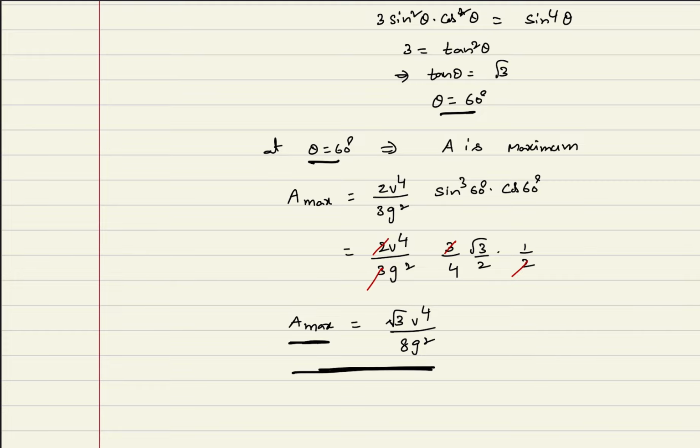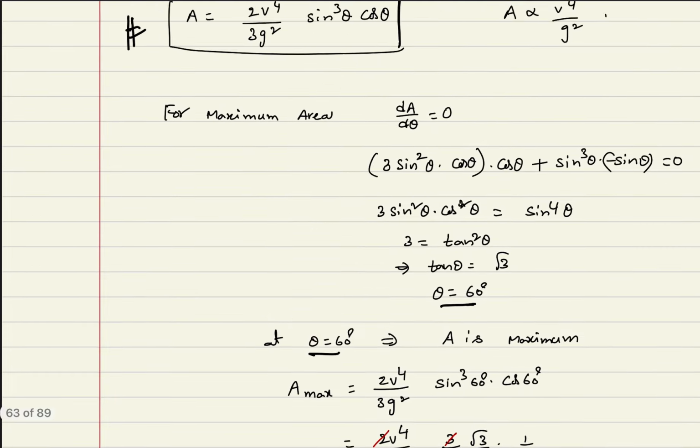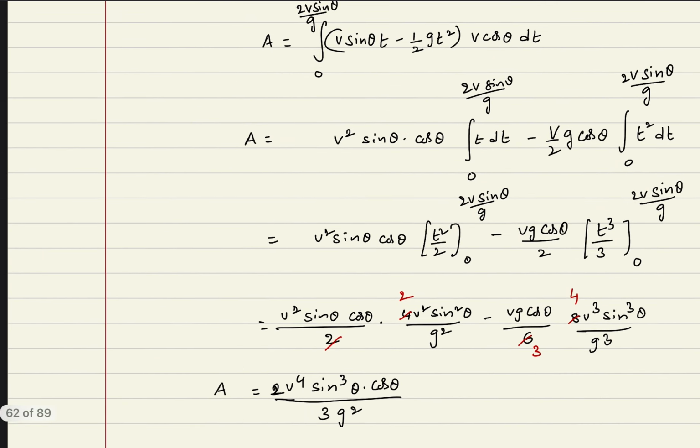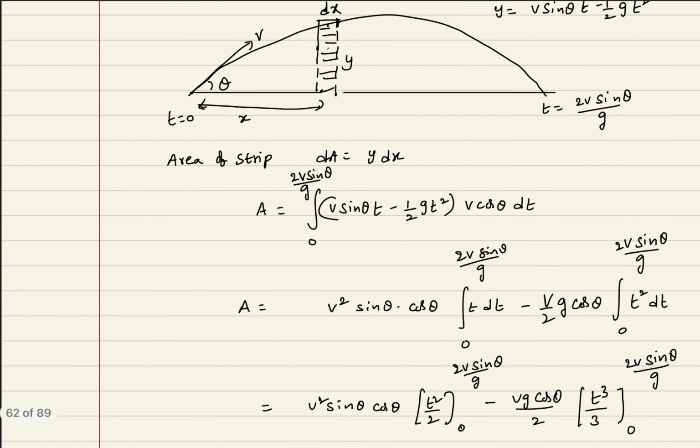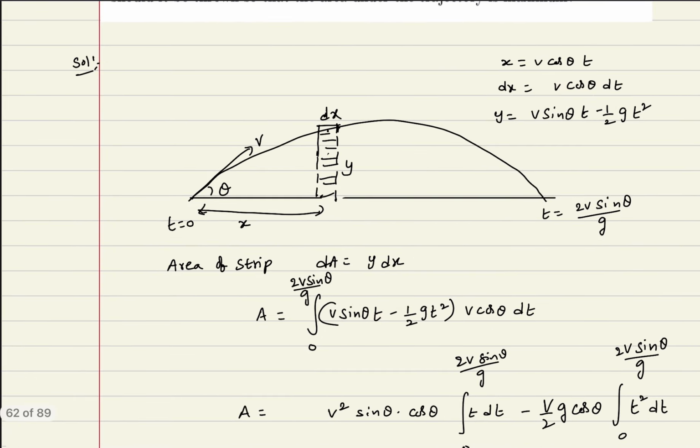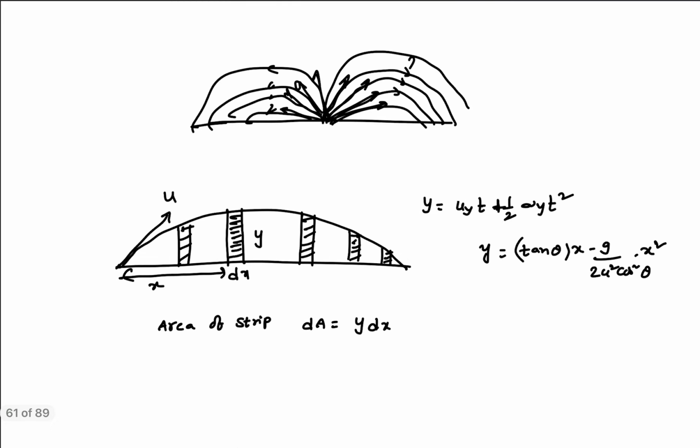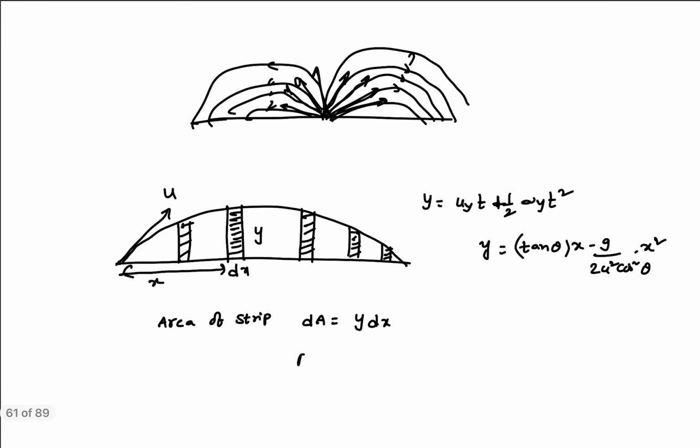In the question, they are asking for the maximum area. Maximum area is proportional to v to the power of 4. Now I am going to use this relation. Here also, the area is the integral of y dx. y is equal to u sine theta into t minus half g t square, and for the dx term, x is equal to u cos theta into t, and dx is equal to u cos theta dt.